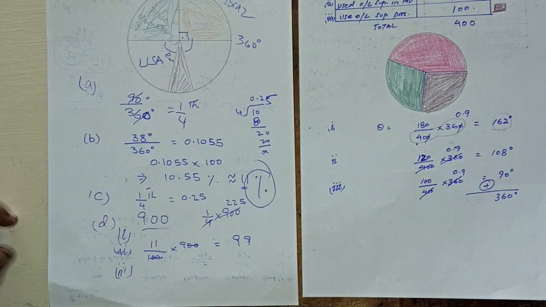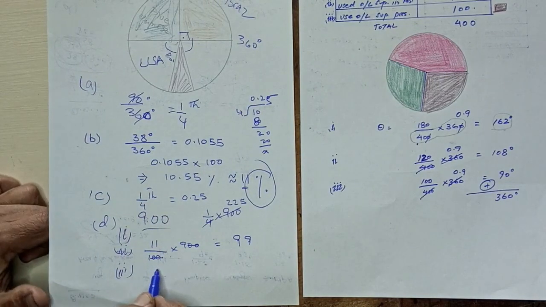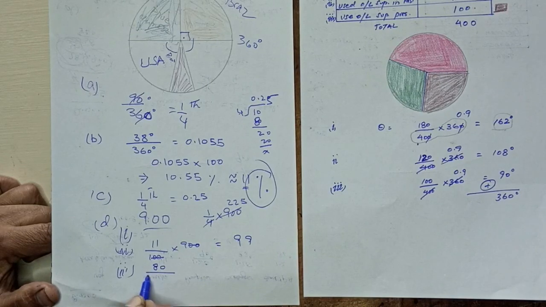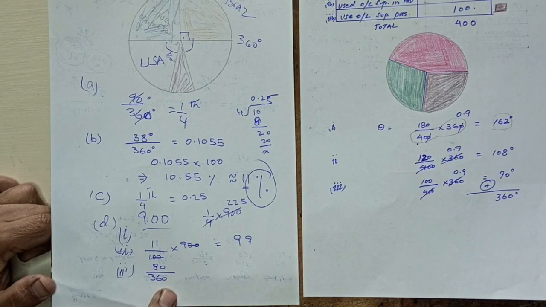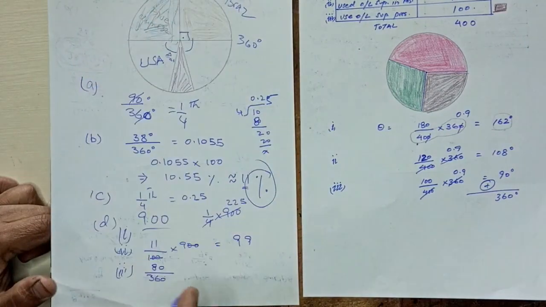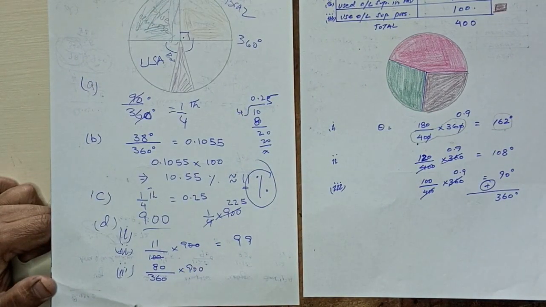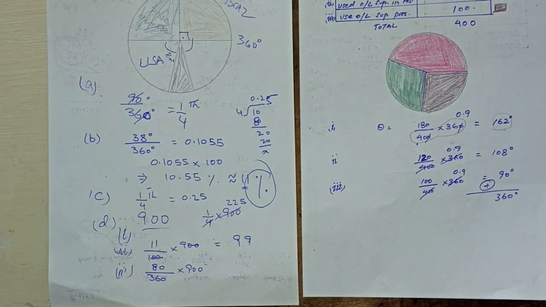So we have to find it for 80 degrees within the 360 degrees, and for 900 students. You will calculate this with the help of a calculator: 80 divided by 360 multiplied by 900.